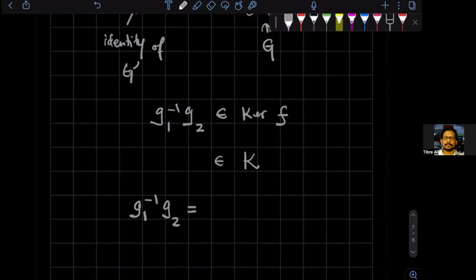This must be equal to some k, for some small k, which is an element of the kernel.